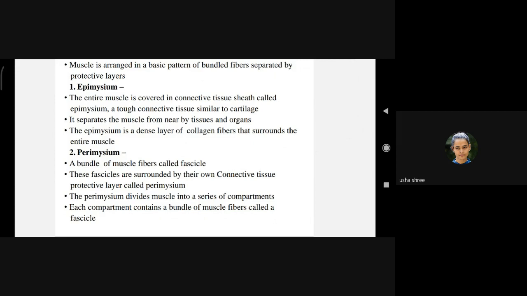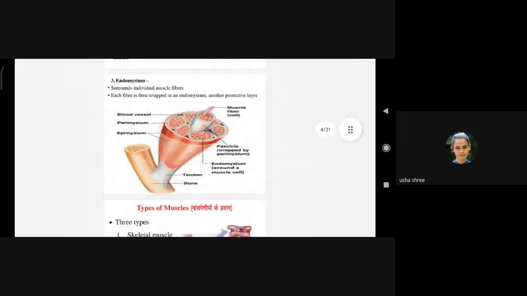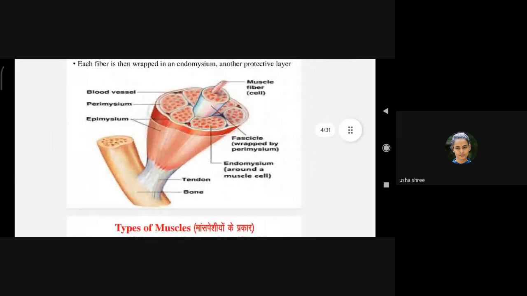Now, the second is perimysium, a bundle of muscle fibers called fascicle. We will discuss by this picture. You can see the uppermost transparent covering here, that is epimysium, and below this epimysium we can see perimysium.